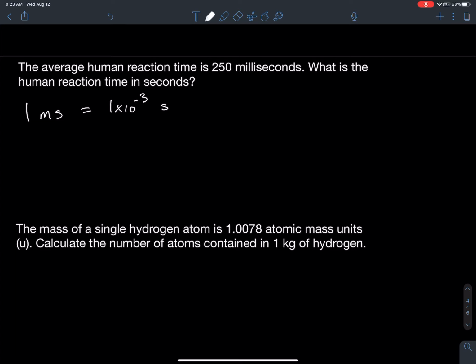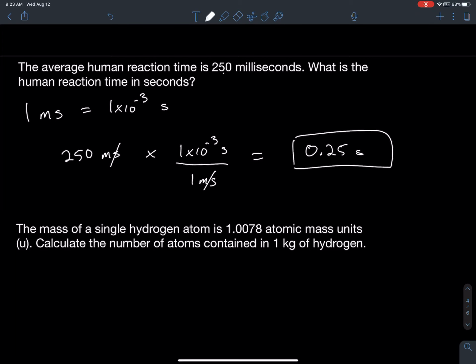So 250 milliseconds times 1 times 10 to the minus 3 seconds per 1 millisecond, that cancels out, and would leave me with 0.25 seconds.